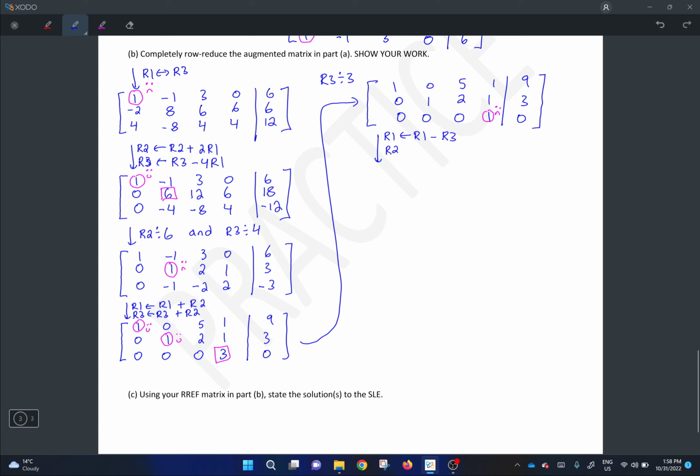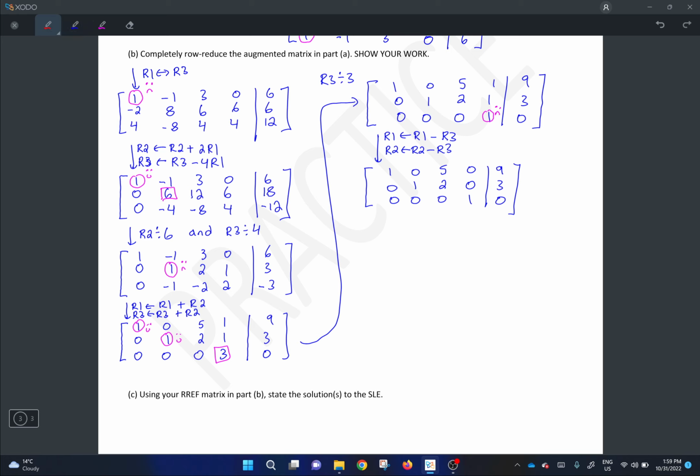Row 2 will be replaced by row 2 minus row 3. 1, 0, 5, 0, 9 minus 0, 9, 0, 1, 2, 0, 3 minus 0, 3, and then the last row. Okay, now that's fully row reduced.